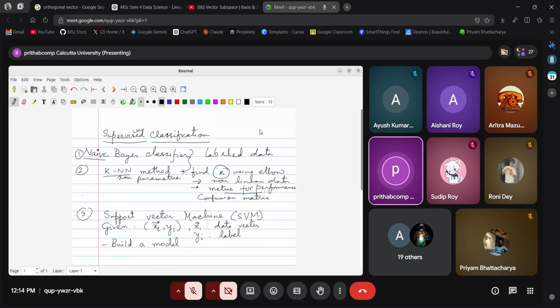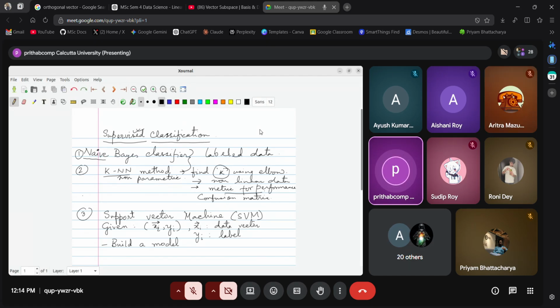So as I write, you can take down these notes, or maybe I will save it and send you, but still I will say that you write it down even in your notebooks. I don't have the slide prepared yet. I will try to prepare the slide, but I am not very sure whether I'll be able to complete it. So it's better that you take notes of this, and I will also try to give this as a PDF form.